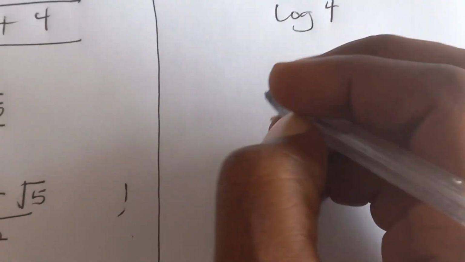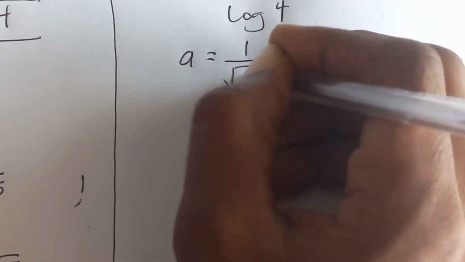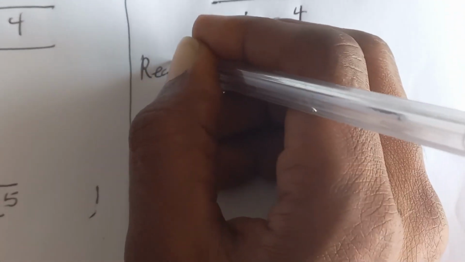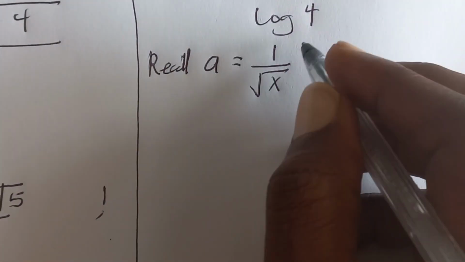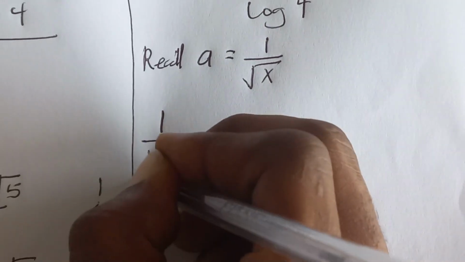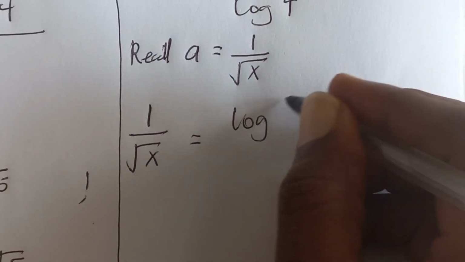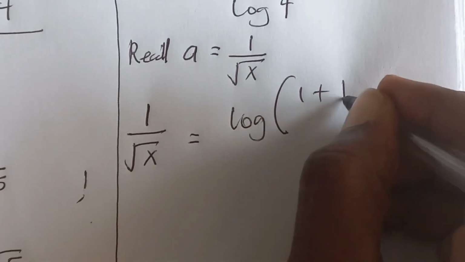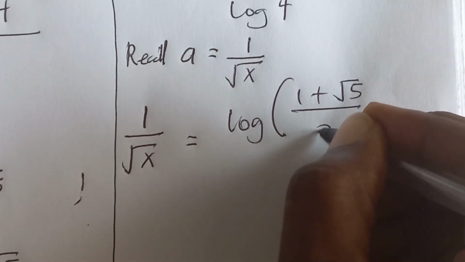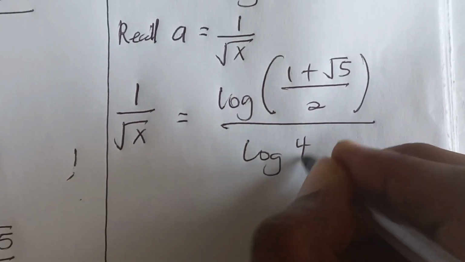And don't forget, when we said that a is equal to 1 over root of x, if you recall this, now we can say that our a, which is 1 on root of x, is equal to log of bracket 1 plus root 5 all on 2 over log 4.